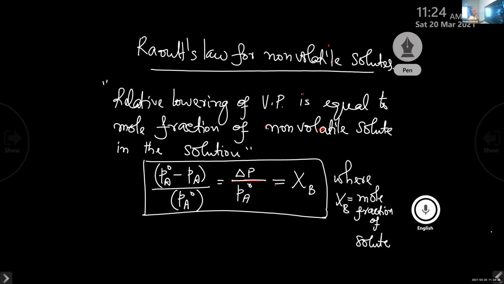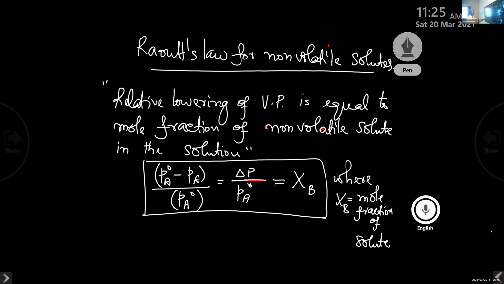So a new relation like this: PA0 minus PA by PA0, that is relative lowering of vapor pressure, is equal to the mole fraction of the non-volatile solute XB. From this relation, we can calculate the molecular mass of a non-volatile solute.